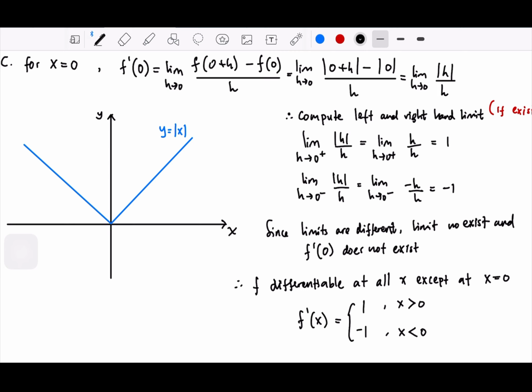If you have a sharp point, when you zoom in on this sharp point, can you define anything here? Will it be the same if we go from the left and if we go from the right?